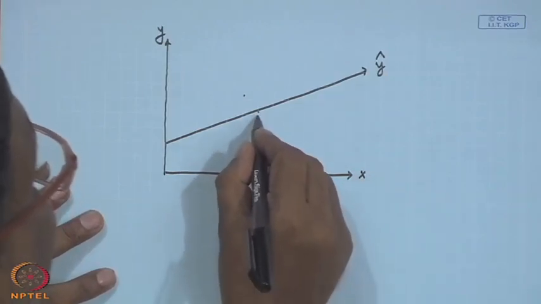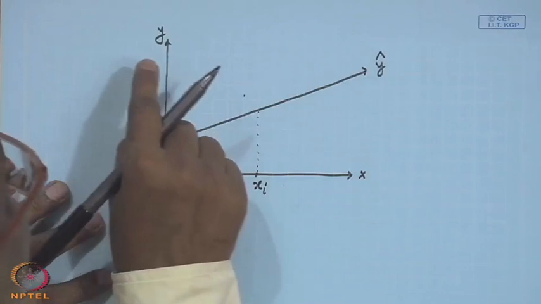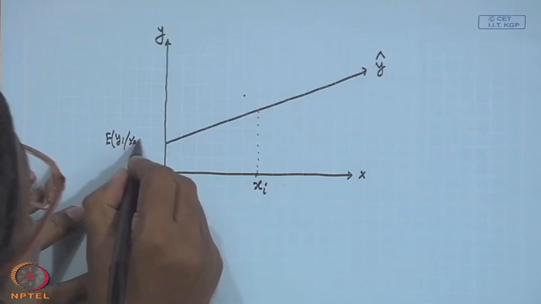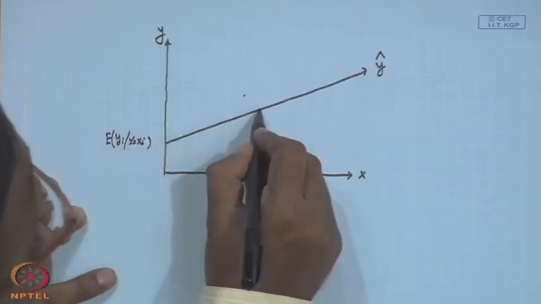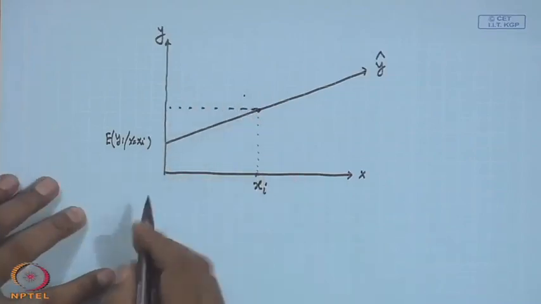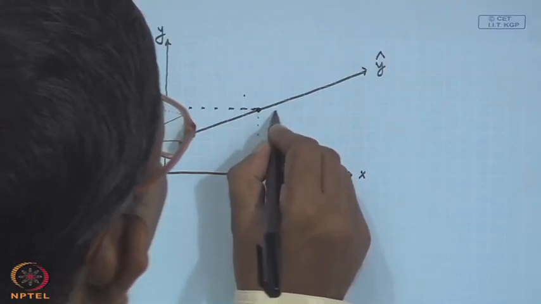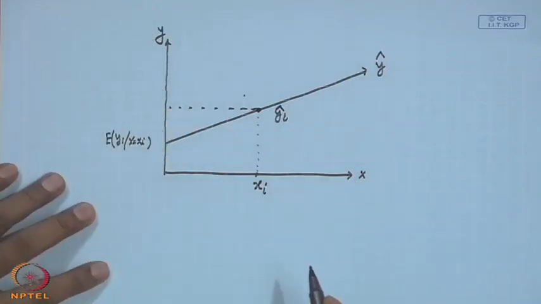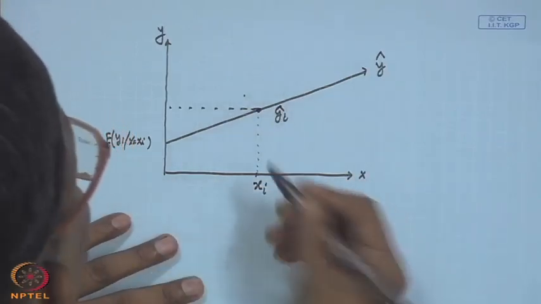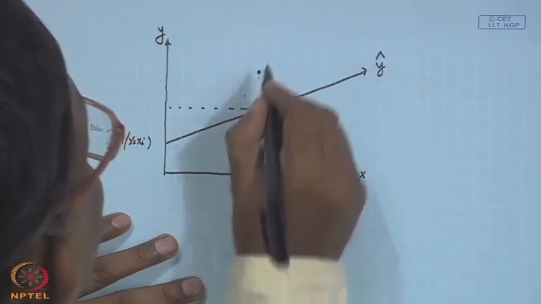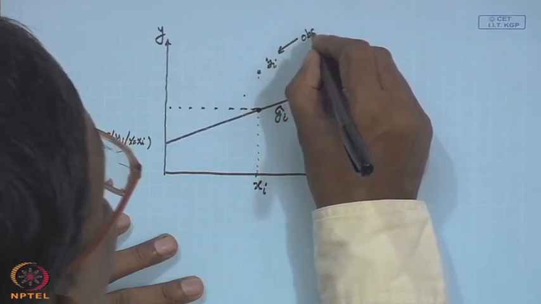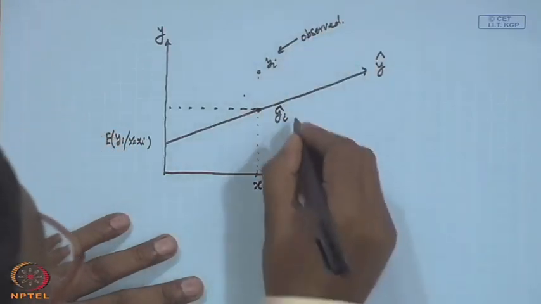If you want to predict the expected value of yi given x equal to xi, it is nothing but this value, and this is the predicted value of y, so this is yi predicted. Let the original value of yi be somewhere here. This is the observed value, and this is the fitted value.